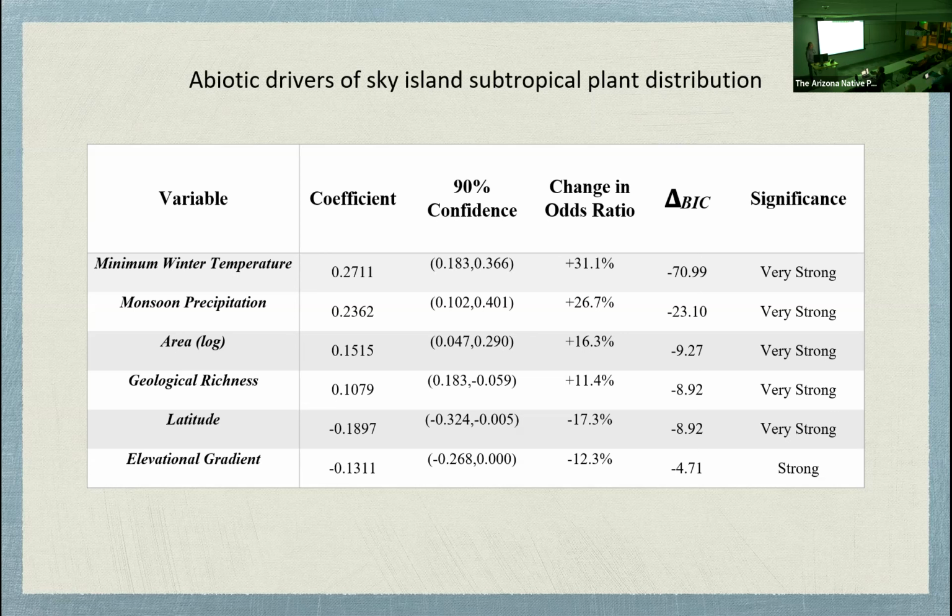Area was the 3rd most significant driver. Geological richness, I was rather pleased to see that geological richness did play a strong role, even though in some of the statistical analysis there were a few things that made it a little more suspect, and it wasn't quite as strong, even though overall the significance is strong. Latitude was the 5th most significant, and elevational gradient was the 6th most significant.